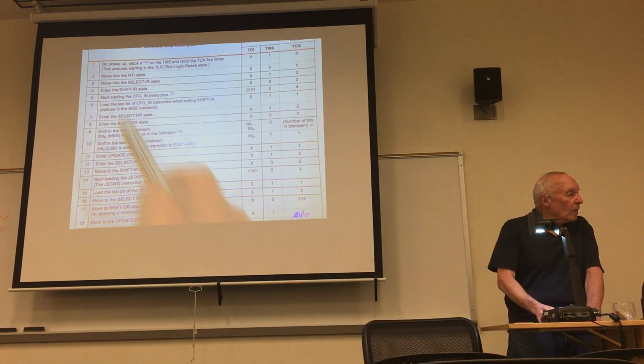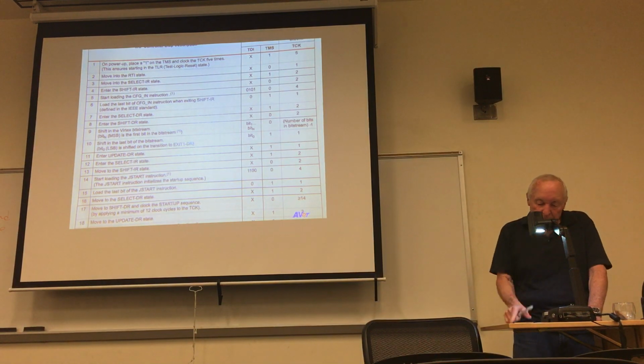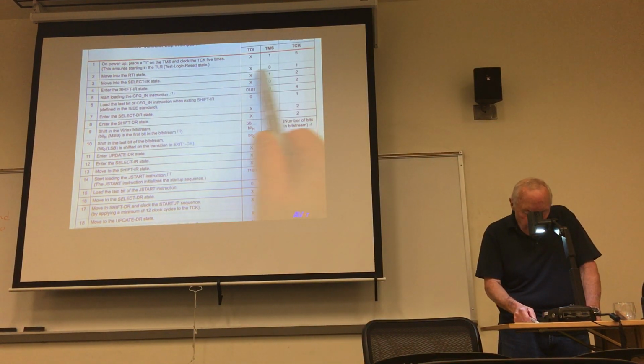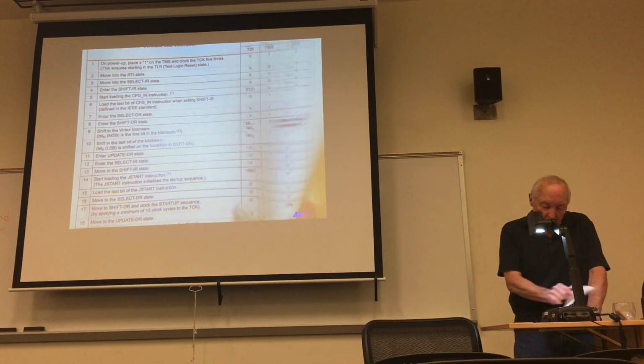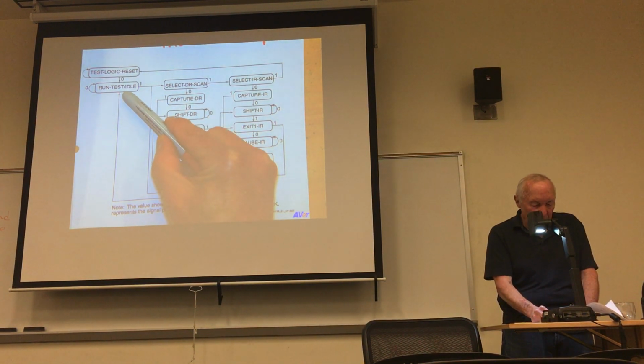Next thing you do, you want to move into the RTI state, and that says, don't care about test data in, I'll put a 0 on test mode select and give it a clock. Test mode select is 0, give it 1 clock, I'm in RTI.